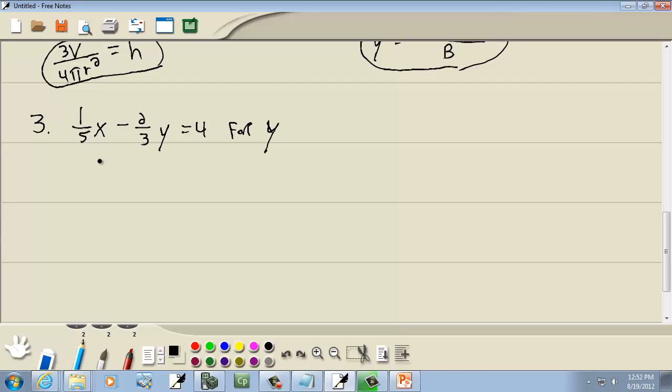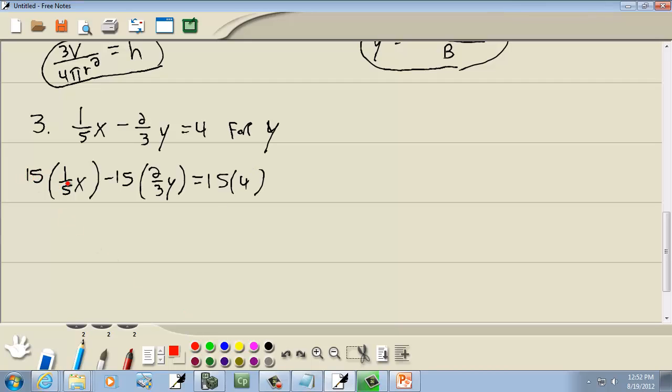Well, I got 5 and 3. My LCM of 5 and 3 is 15, so I'll multiply everything by 15. So 15 times 1/5 x minus 15 times 2/3 y equals 15 times 4.